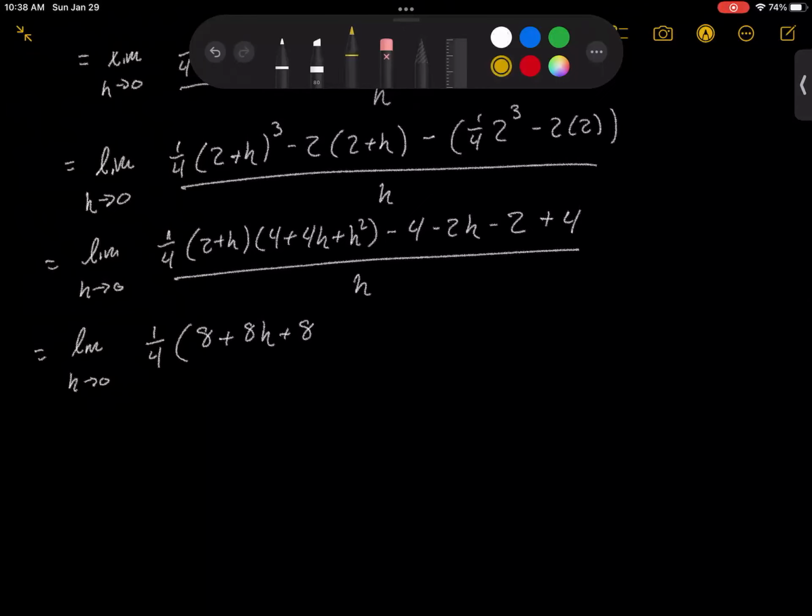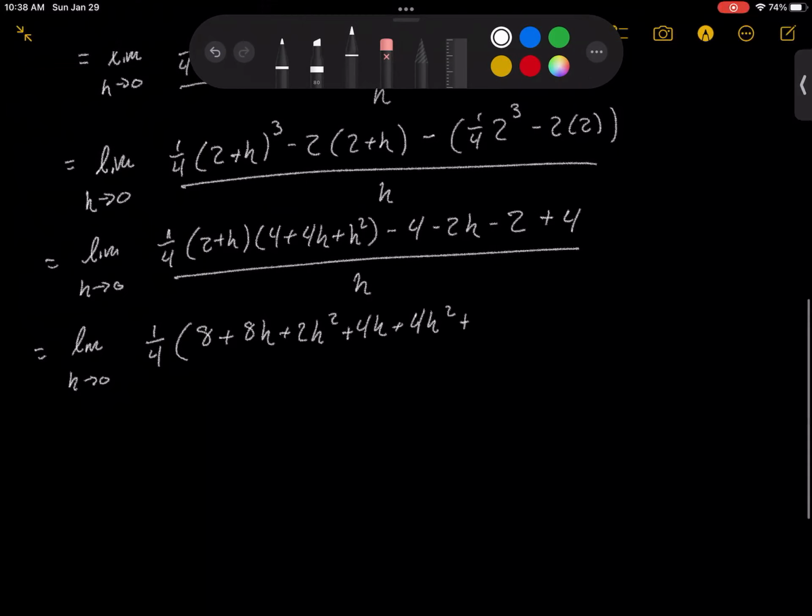Right, if I did this right, 2 times 2 gives me that 4. I've got two h's, and then I got h squared. All right, so this isn't an 8, but rather a 2h squared. Then we have a plus 4h plus 4h squared plus an h cubed.